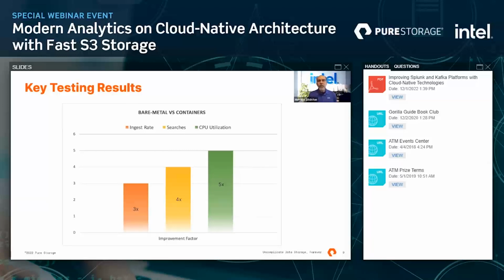And our CPU utilization went up from bare metal by 5x. So those are the kind of things that changing this architecture and using disaggregated storage, containerization, and Intel can do for your environment. Go ahead and go to the next slide.